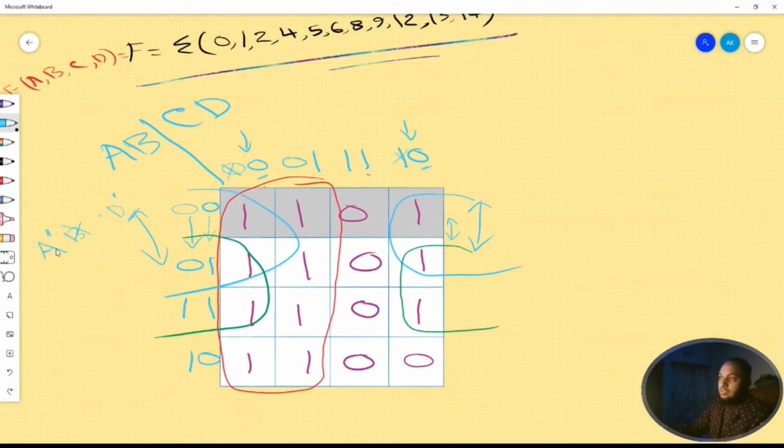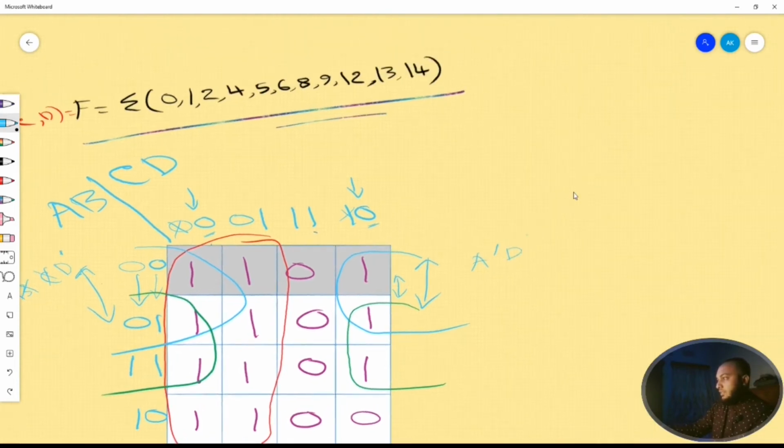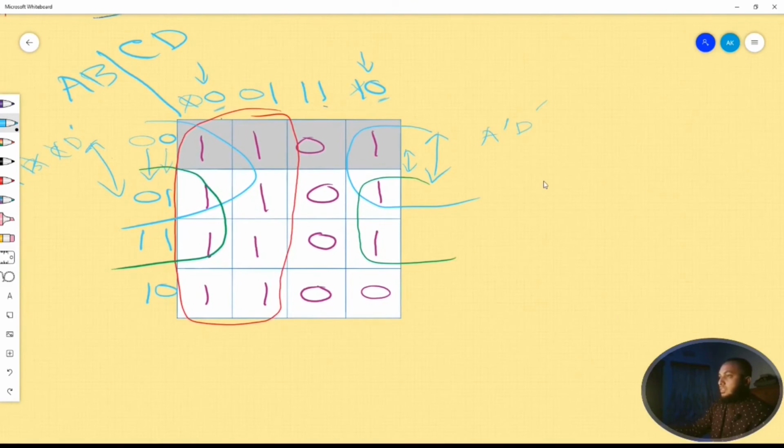So we can't take C for the blue group. So for the blue group, we will write the product of A prime and D prime. Similarly, I think you should be able to write the expression for the green group.